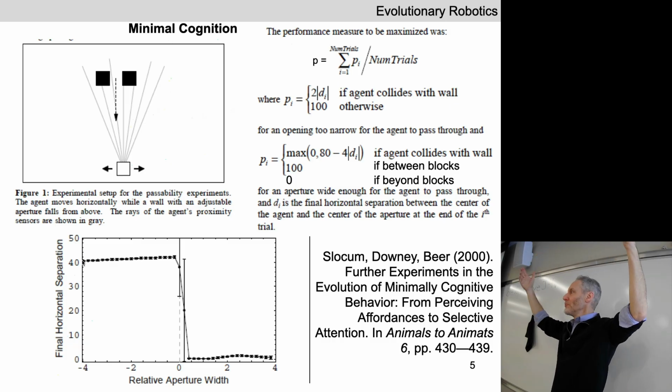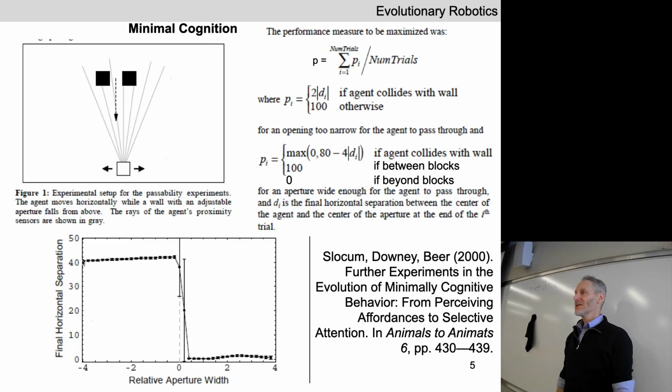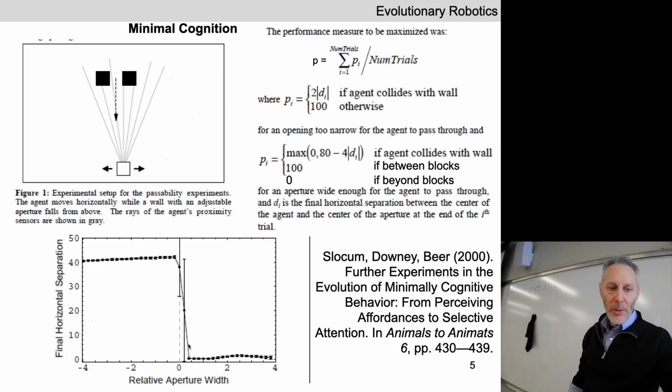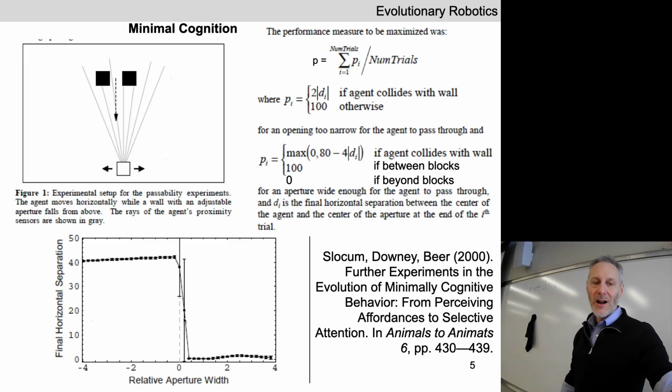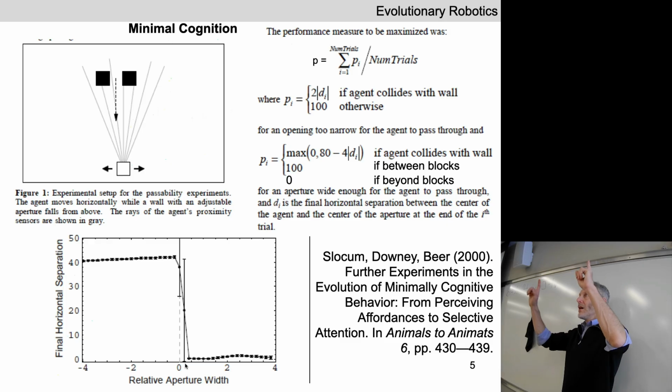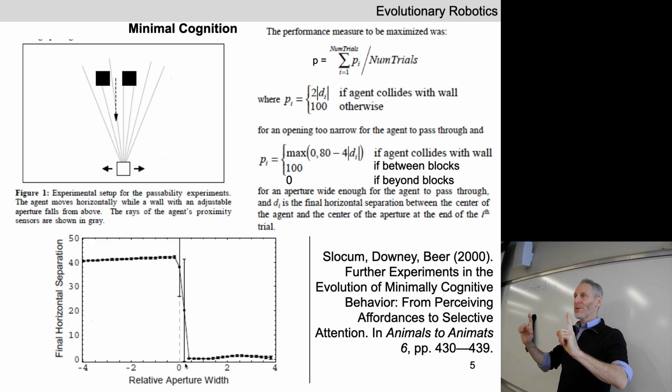They want to see in general how well this evolved C-tern does. The vertical bars that you see here are error estimates, error of the mean. So uncertainty about the average final horizontal separation when we drop pairs of objects that are 0.1 width wider than the width of the agent. Okay, hopefully I've given you enough information to be able to parse this graph.